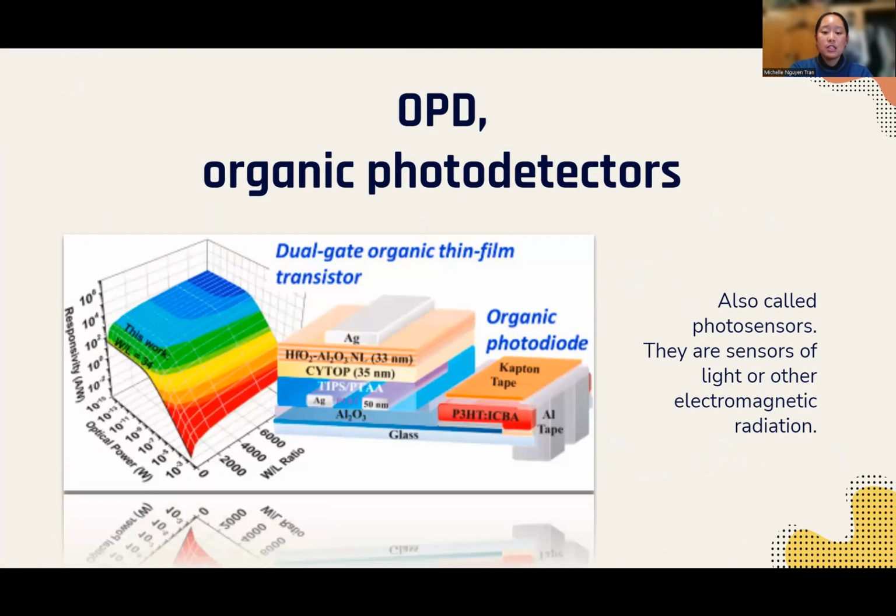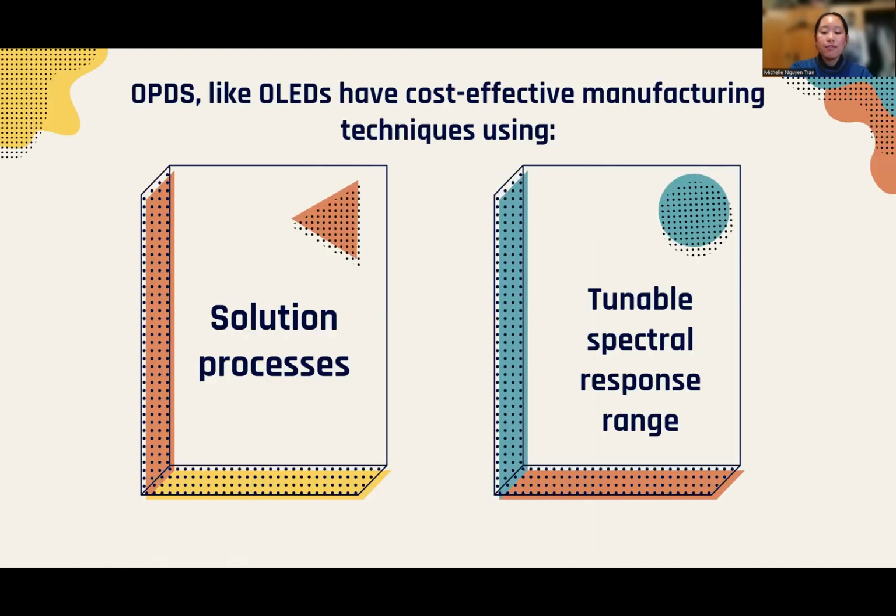These organic photodetectors, also called photosensors, are sensors of light or other electromagnetic radiation. These have cost-effective manufacturing techniques using solution processes and tunable spectral range response, which makes them particularly promising as sensors on flexible substrates. This is very similar to that of OLEDs.